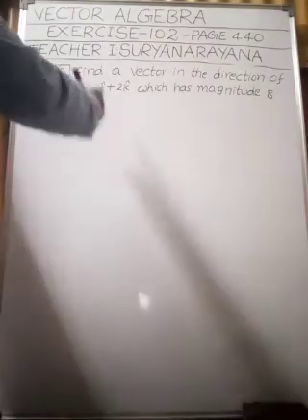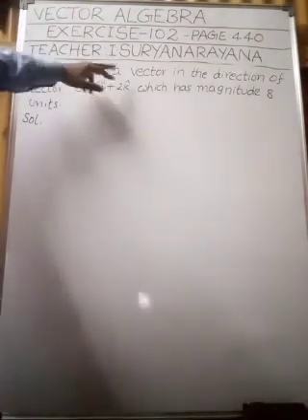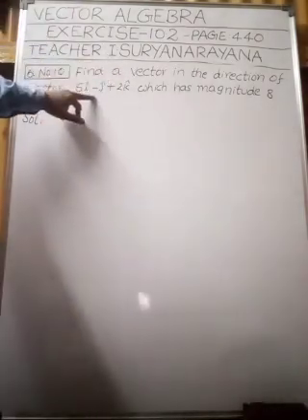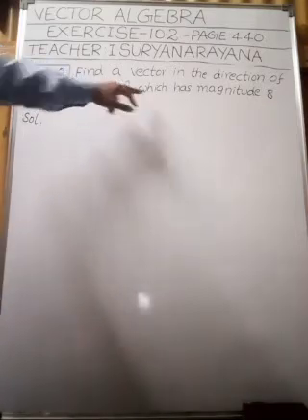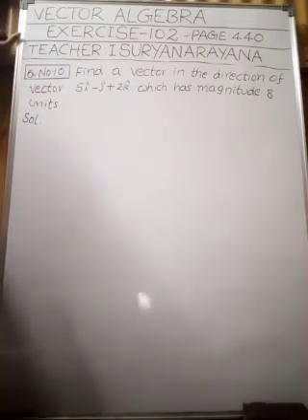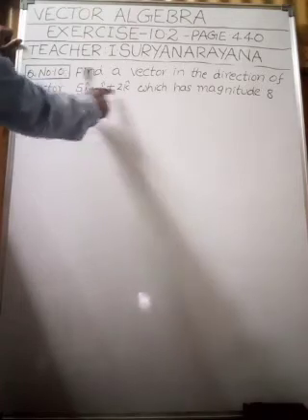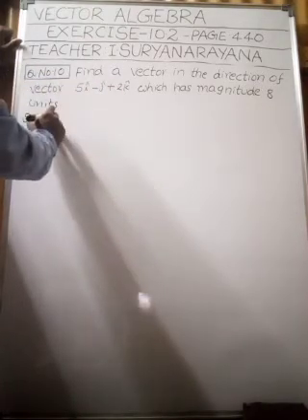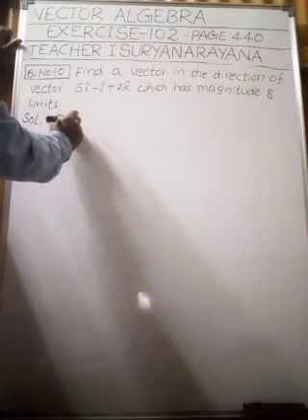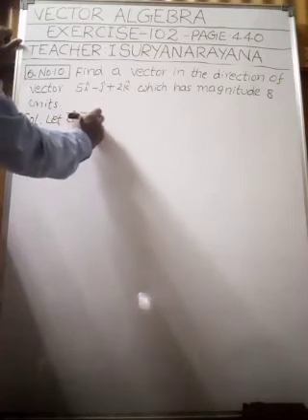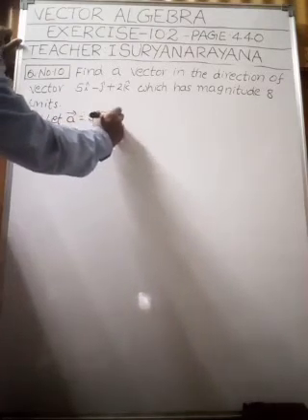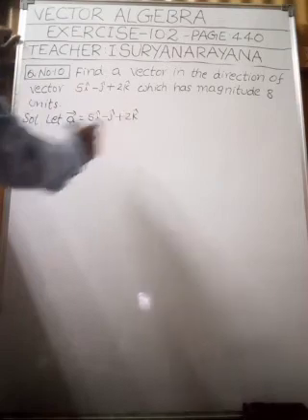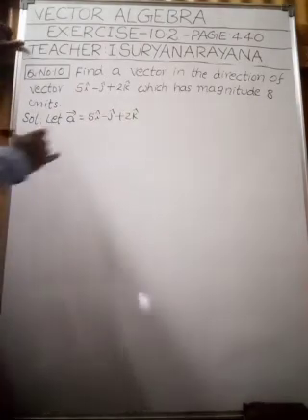See here, what is asked here? We have to find a vector in the direction of the given vector which has magnitude 8 units. Okay, my children, right. Now let us assume that the given vector is a bar. Let a bar be equal to 5i cap minus j cap plus 2k cap. Okay, my children.